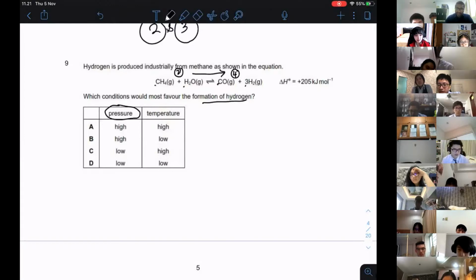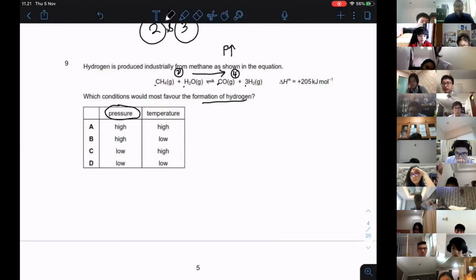I am trying to increase the pressure if it is shifted to the right. Why? Because fewer moles make more particles. Pressure is increased. Why do we do that? This is because of LCP.